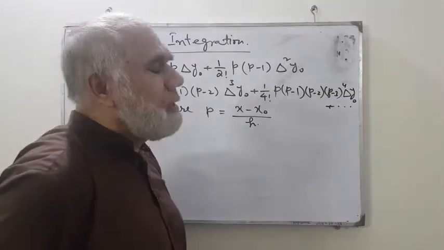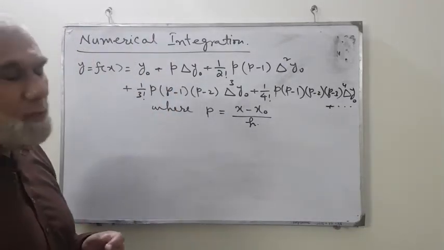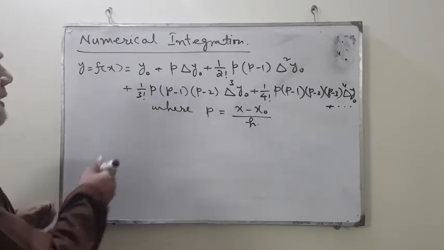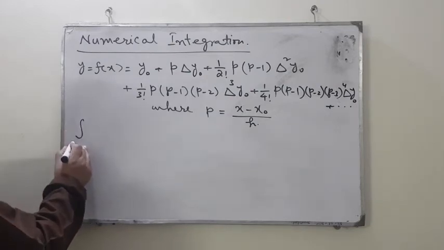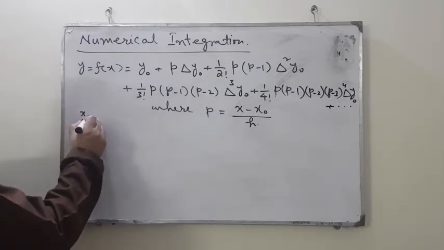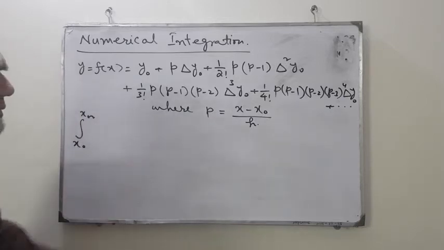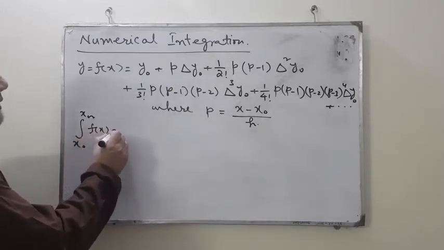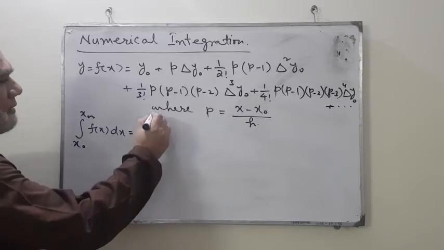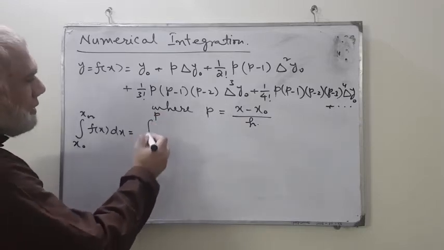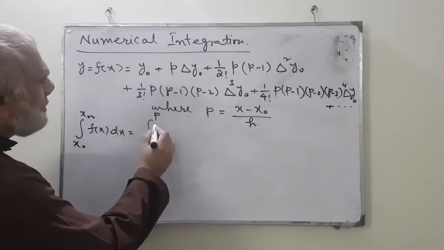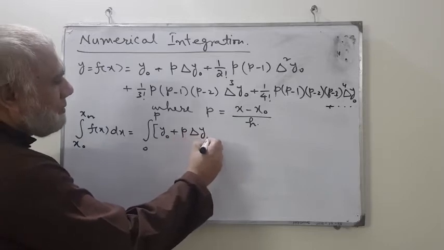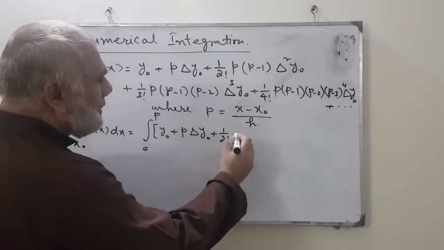In order to derive the formulas for numerical integration, we'll integrate this polynomial function. Here we integrate both sides. On the left side, we have x0 to xn, because the interval starts from x0 and goes to xn, and the function f(x) dx. On the right side, the integration will be between 0 and p, because the right side contains all the terms in p. So here we have y0 plus p del y0 plus 1 by 2 factorial.